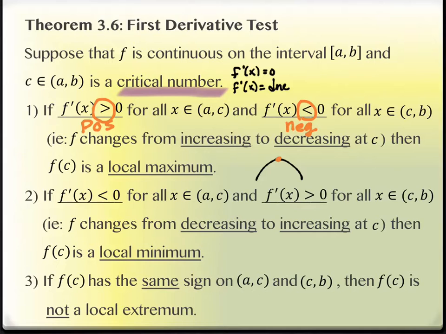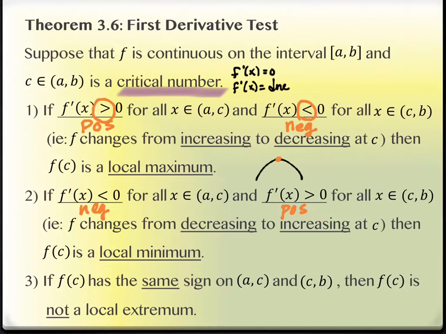We can describe the exact same thing but flipped upside down, right? Imagine part B, or 2. So if it goes from a negative derivative to a positive derivative, negative to positive, on an interval, that means the graph itself, a negative derivative means a decreasing graph. These correspond to one another.